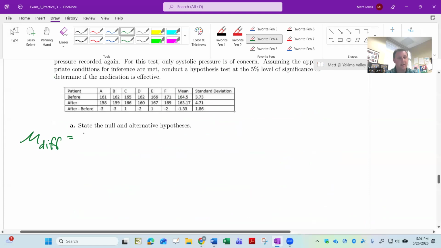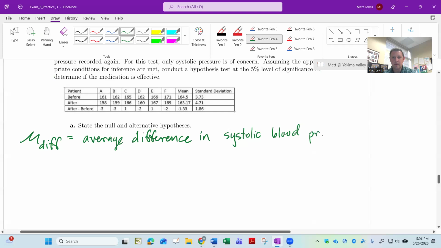So we'll say the average difference in systolic blood pressure after and before the medication.